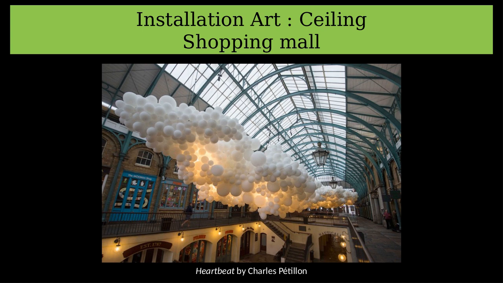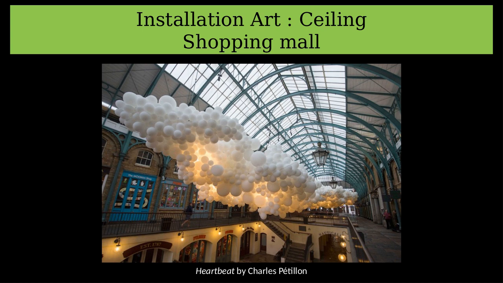The other thing to think about is that there can be different ways of thinking about the space. In this particular case, it's a shopping mall, I'm guessing, just judging by the view. But the artist has chosen to focus on the ceiling as the primary way he wants his audience to explore it.